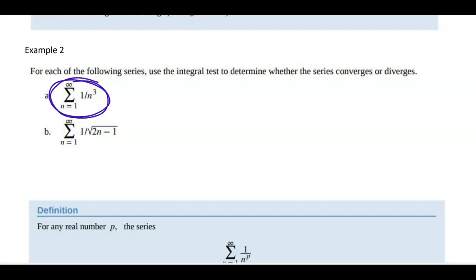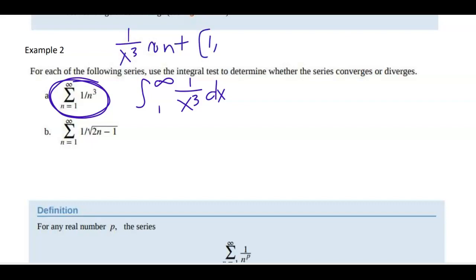So let's go back to that one we just said, like, oh, I need some more info here. We checked it, it definitely goes to 0 for the terms of the sequence. And so I'm going to take the integral from 1 to infinity of 1 over x cubed dx. I know that 1 over x cubed is continuous on 1 to infinity, and I know that it is decreasing as well.